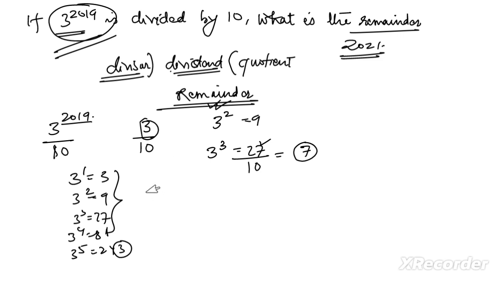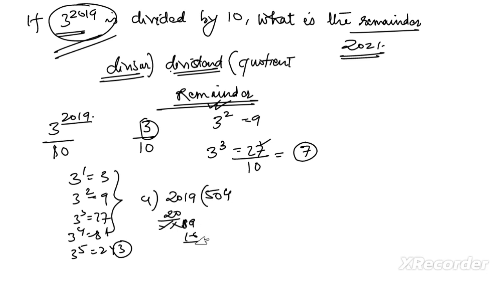Okay, cyclicity is 4. So we have to divide 2019 by 4, so it will be 5, here is 20, again 0, it will be 1, then 9, and here is 4, 16.